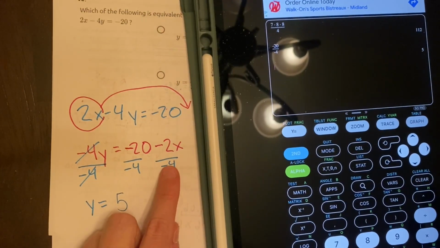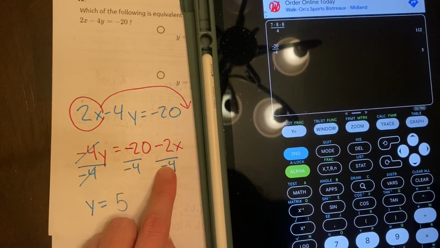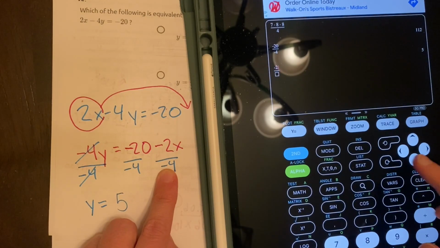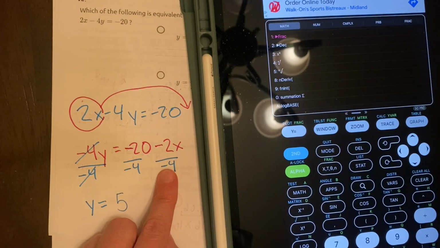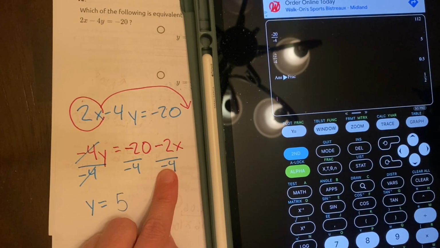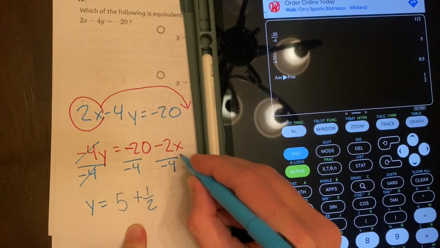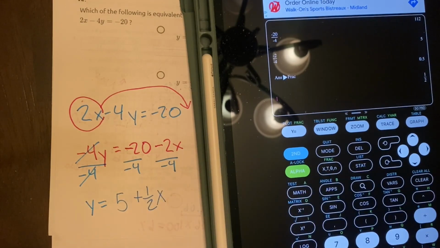And then the next thing I have is negative 2 over negative 4. So alpha y equals negative 2 over negative 4. And I have 0.5. Math, enter, enter, will get me the fraction, which is 1/2. So positive 1/2, and then you put the x.